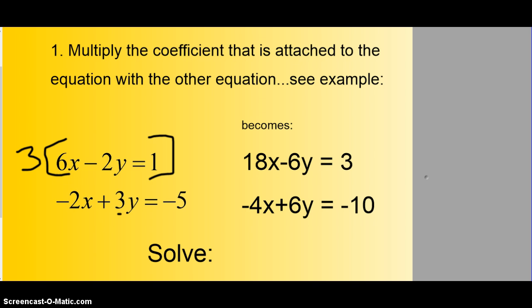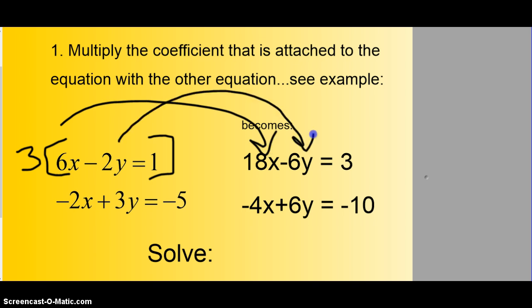And the reason I did that was because I wanted to get this y eliminated. So 3 times 6x gives me 18x. Negative 2y times 3 is negative 6y. 1 times 3 is 3. Notice again, it had to go across the entire equation. You're multiplying by 3 using the distributive property.